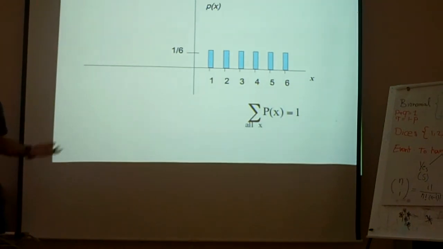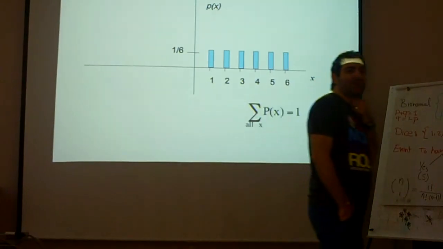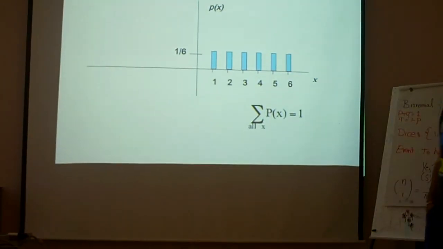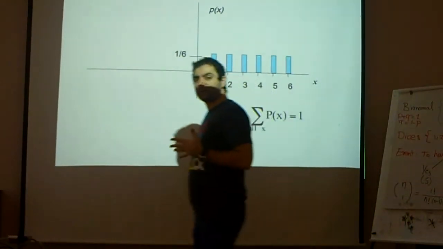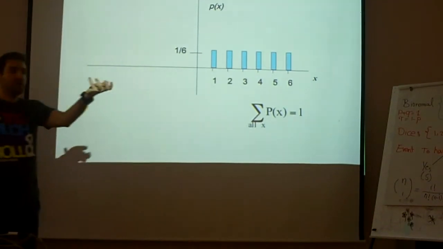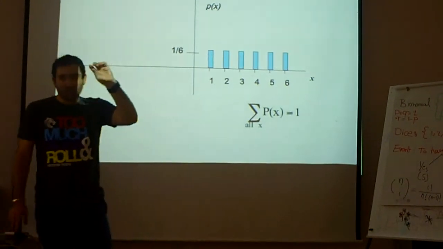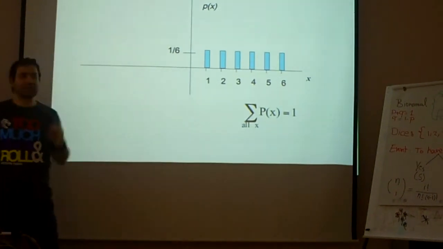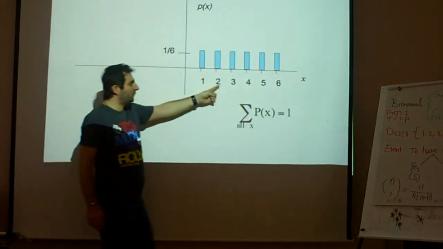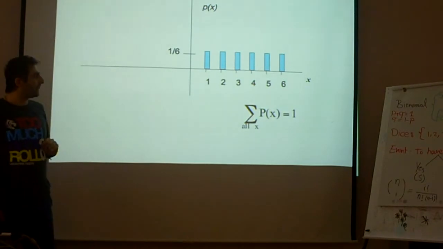Now, before we do an example of the binomial, let's look at these sample examples for a discrete random variable with a uniform distribution. This is our favorite die. We said that the die has 6 sides, so we can map each of these sides into a number. So 1, 2, 3, 4, 5, 6 represent which side has happened.